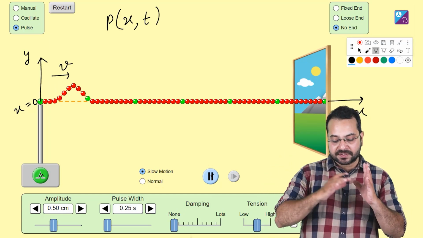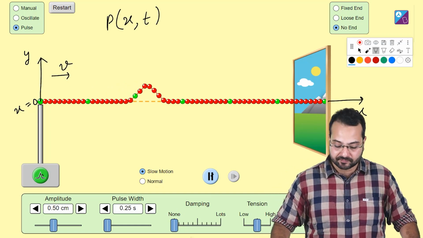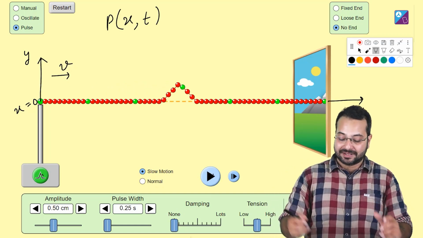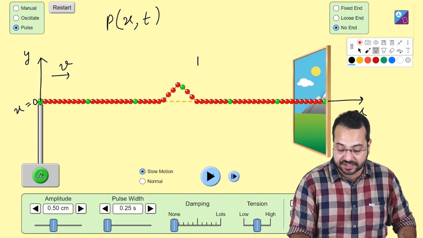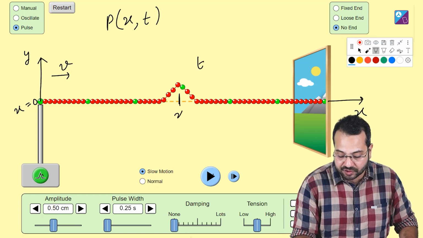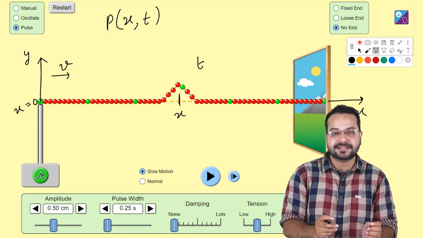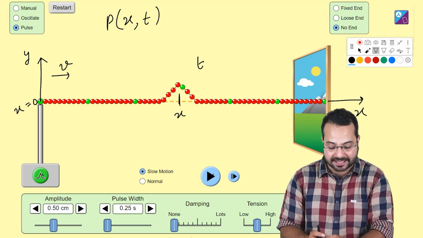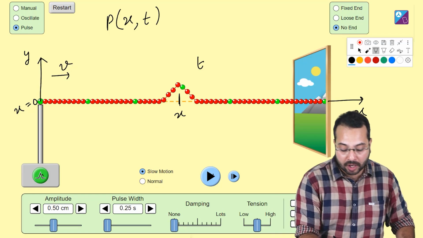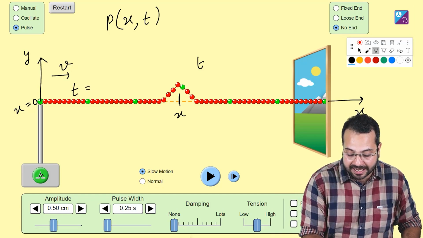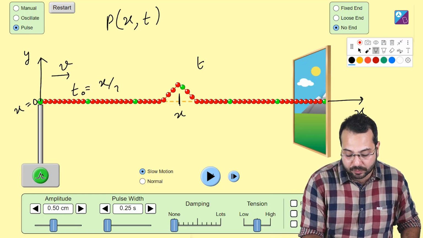Now this disturbance is going to travel along the string, and at a certain time, let's say the time right now is t, it has reached the position x. Now the pulse has traveled a distance x, and the speed is v. So how much time has it taken? It has taken a time t naught equal to x by v.